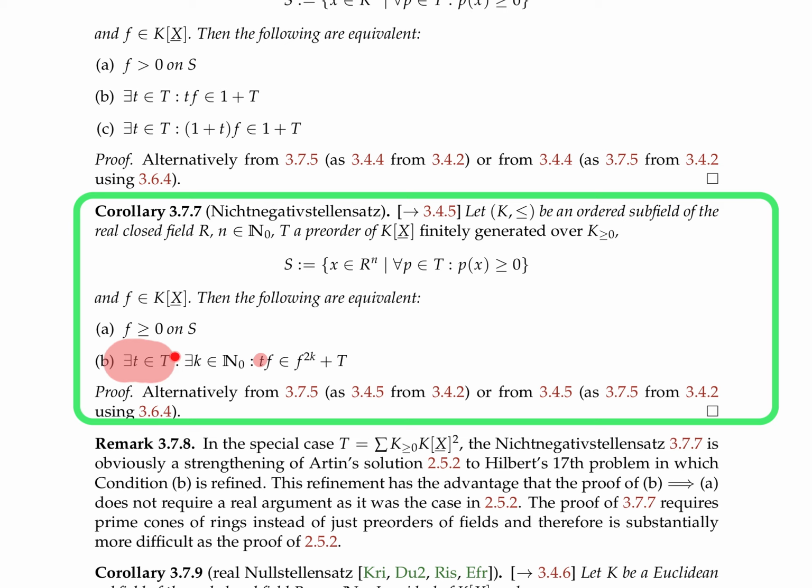But anyway, in some way it's a denominator, or you could see it as a multiplier also. And I find such a T in T such that TF is of this form, right? So it's f to the 2k plus t for some k. Yeah, that was a very general theorem.